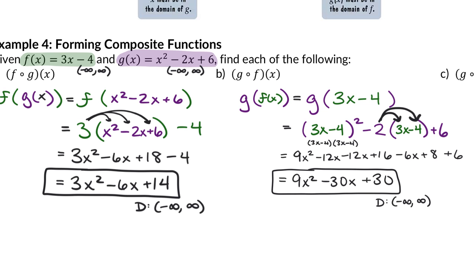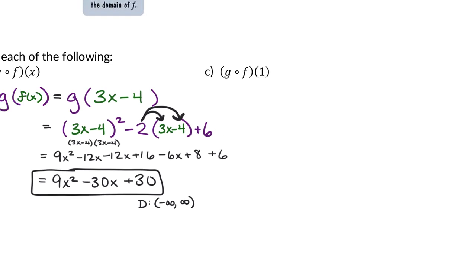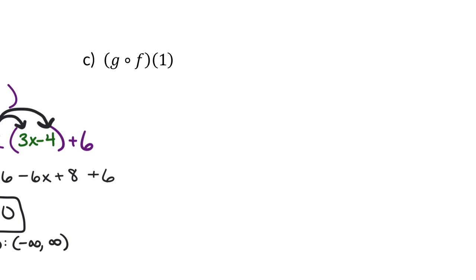What if it says like C? What's the difference between B and C? There's a 1 right here as opposed to an x. So when I rewrite this one with one function tucked inside the other function, this is actually going to be g of f of 1.